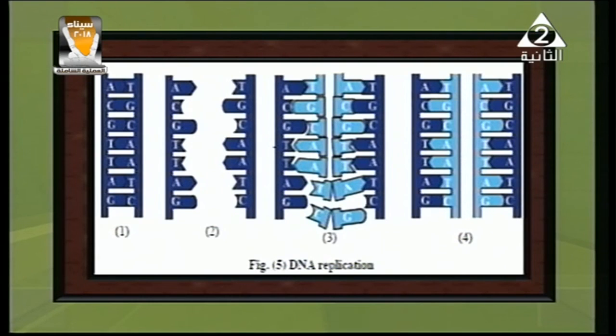Number 1 unwinds the DNA and also breaks the hydrogen bonds between nitrogenous bases. And finally, we have here what? The polymerase, to form the complementary side for each strand, starting from the 3' till ending at the other side, which is 5'.